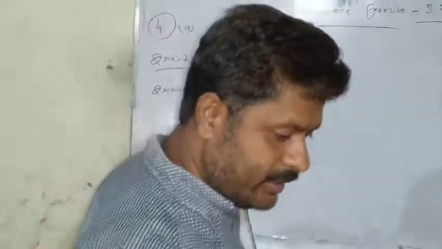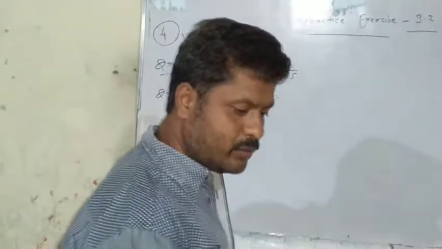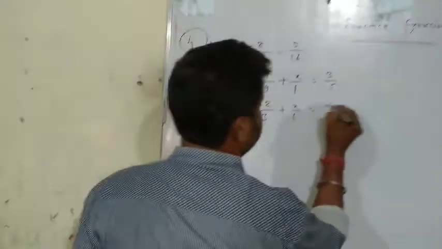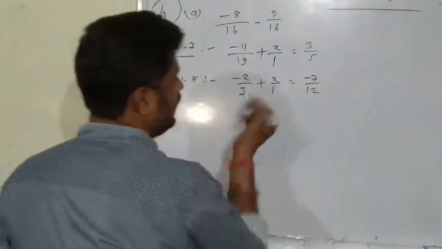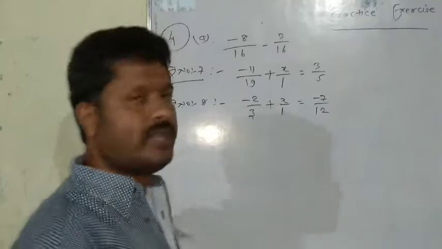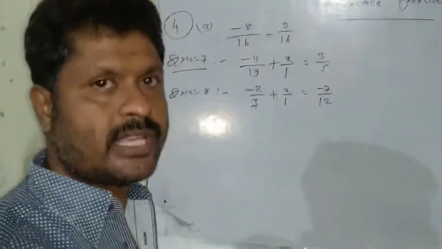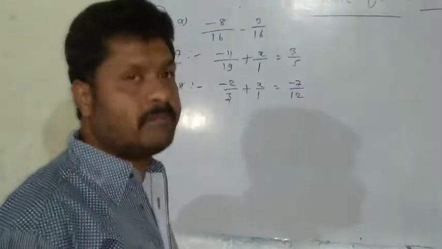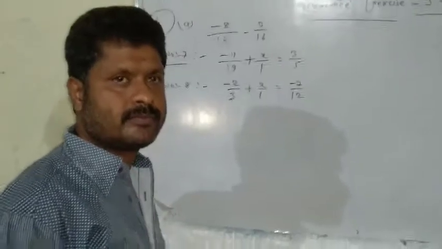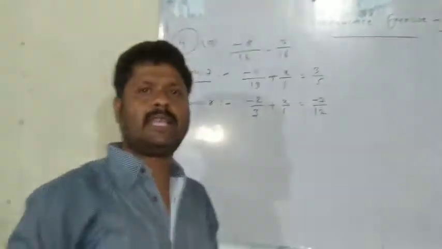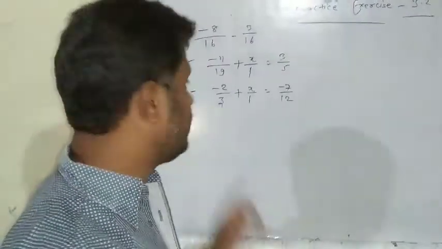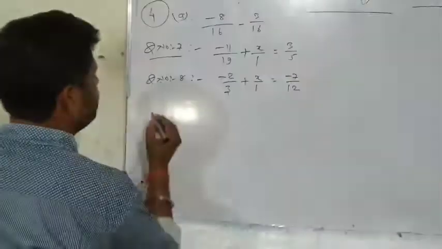And their sum is minus 7 by 12. If you find the value of x, then you will get your answer. All questions must be solved by you. If the answer varies, then you will ask me.